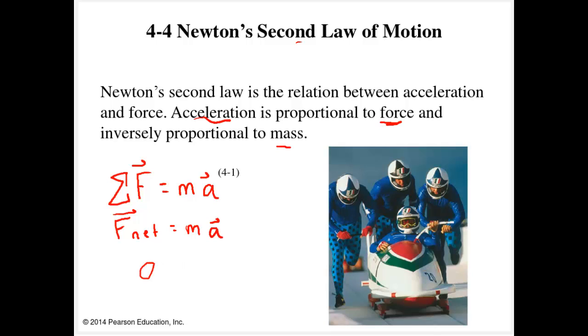If we wanted to think about our acceleration being equal to the net force divided by the mass, all I've done is divide both sides by mass. Then if I can only apply a force of, let's just say 1, then the acceleration would be equal to 1 over the mass.